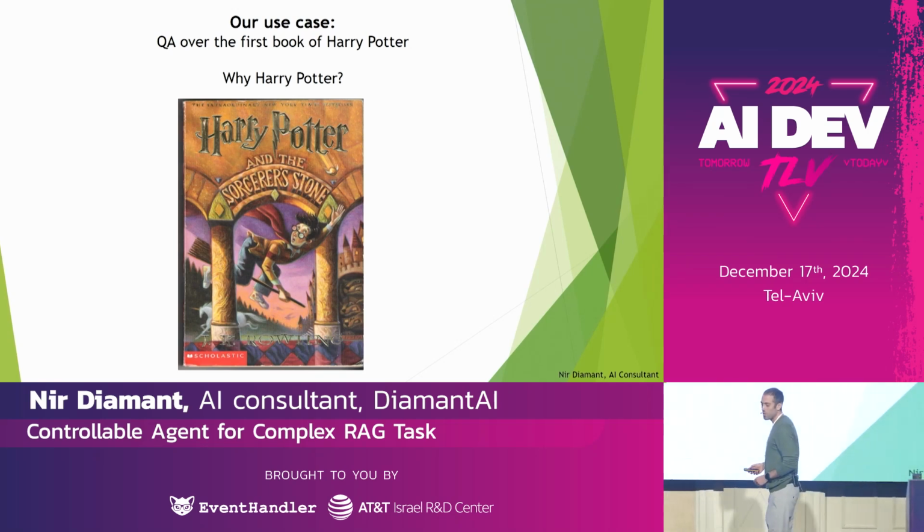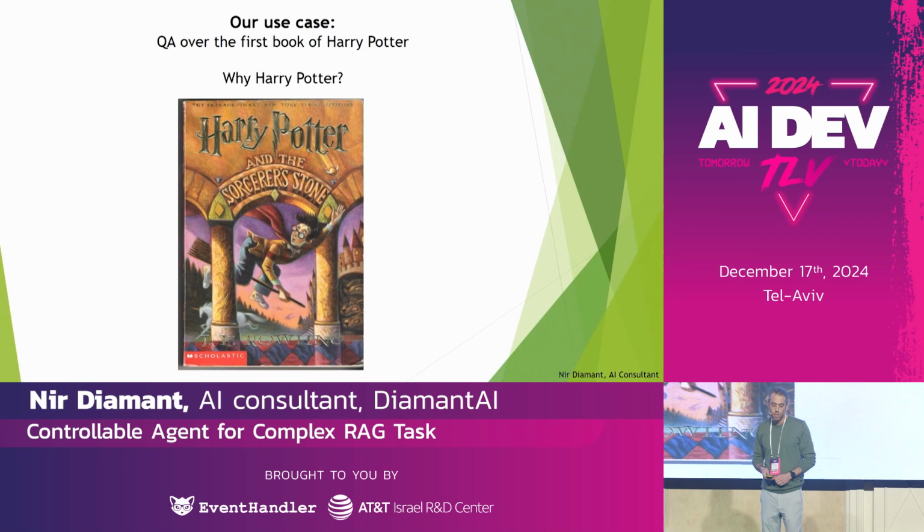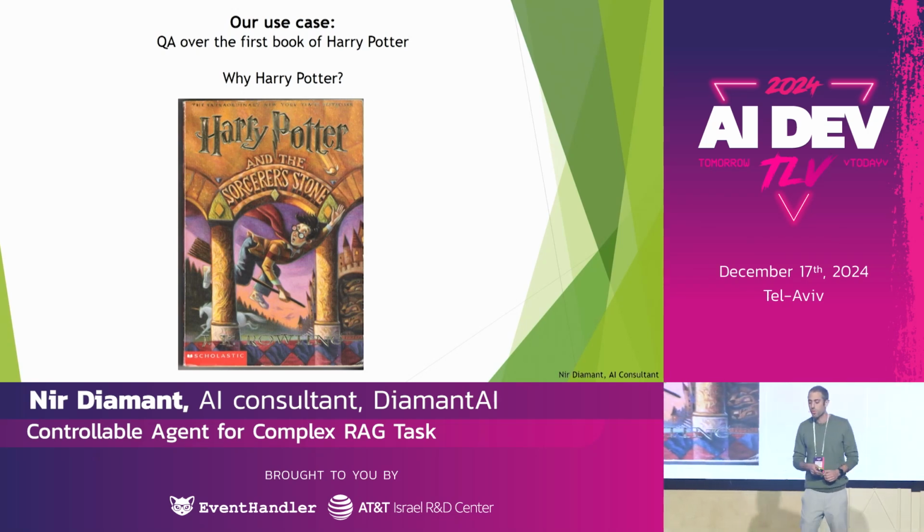The use case that I'm going to talk about is the first book of Harry Potter. We're going to do questions and answers over the first book of Harry Potter.